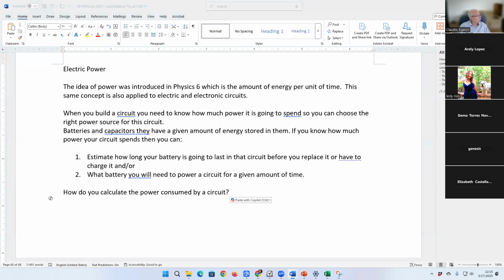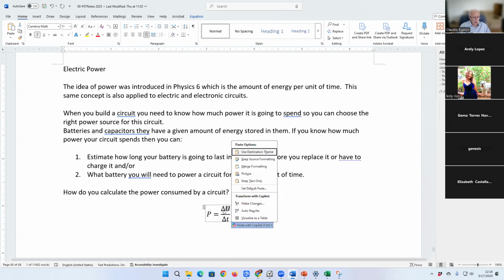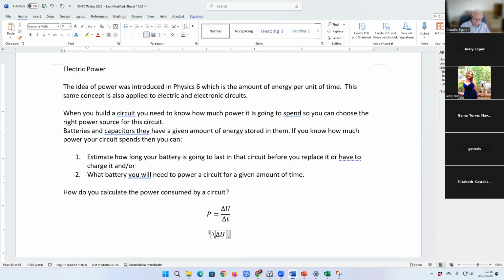All you have to do is start with the equation for the power. It is the amount of energy per unit of time, okay? But recall the definition of electric potential. What is the definition of electric potential?